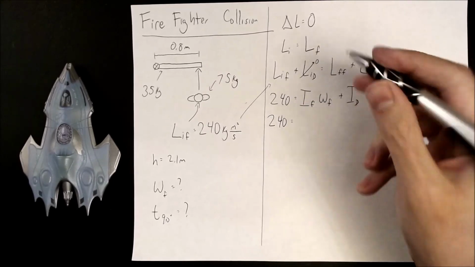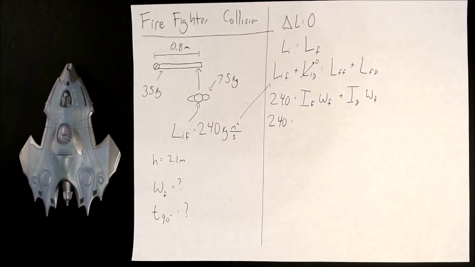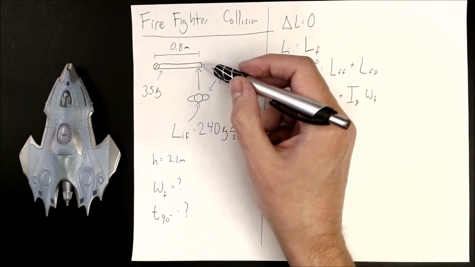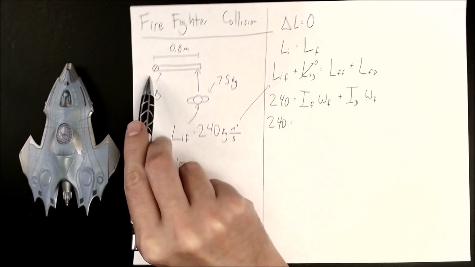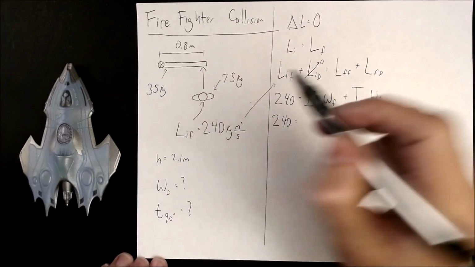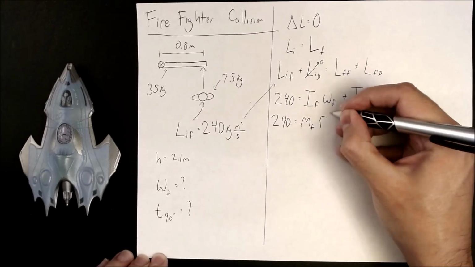240 is equal to the moment of inertia of the firefighter at the end of the problem. Again, that's just a point-like object at the edge. So the firefighter is going to be over there, but it's spinning through this point, and so we can just use mass firefighter radius squared.